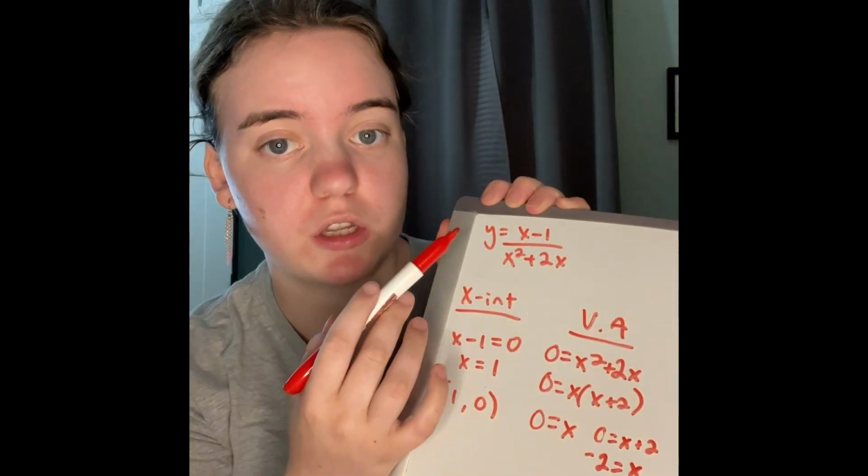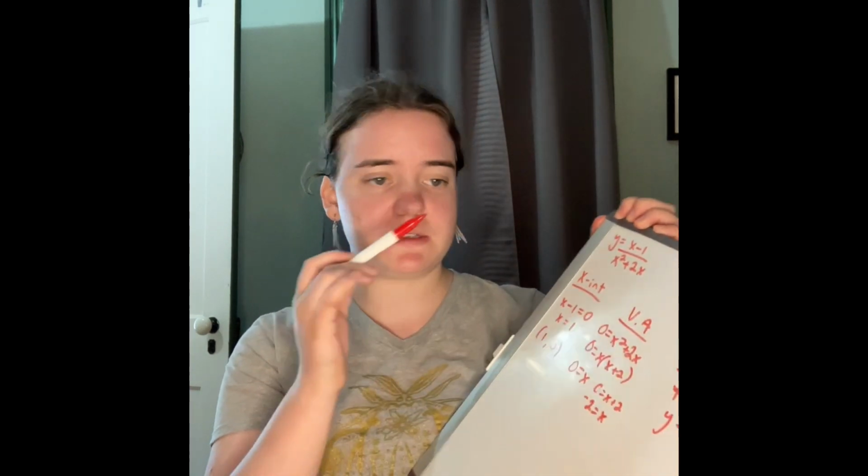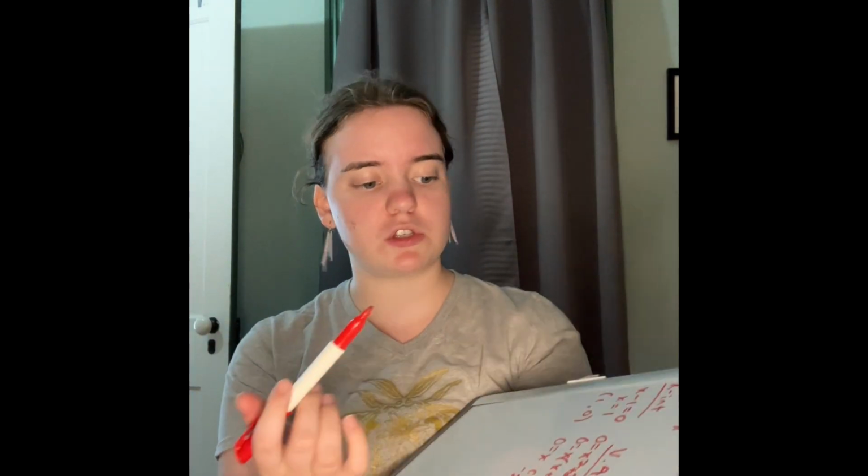This question is a doozy. And basically it is asking to sketch this function. And there's a lot of work that has to go into it because it has asymptotes. So we find the x-intercepts just by rearranging the bottom. So it's 1, 0, just chill.